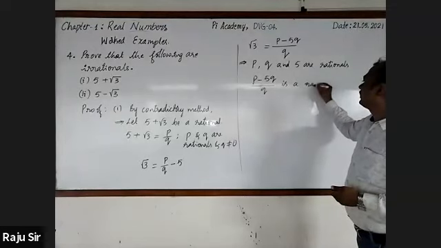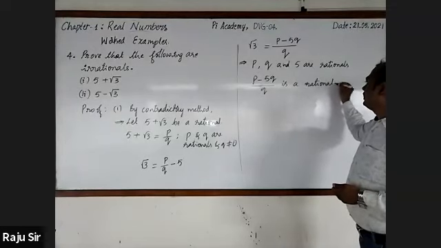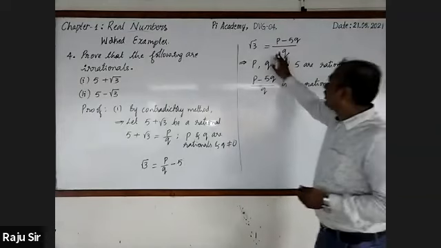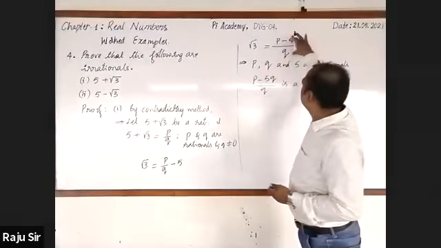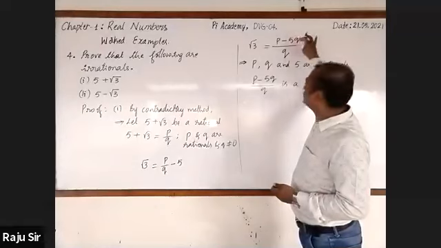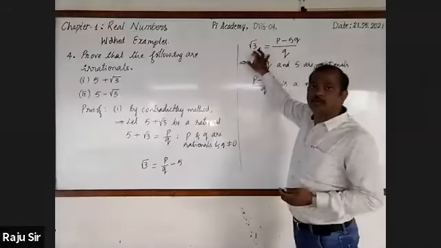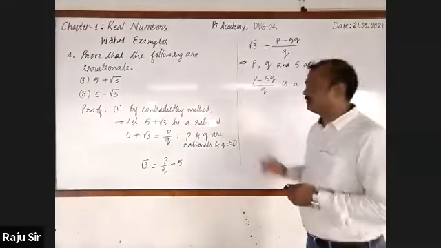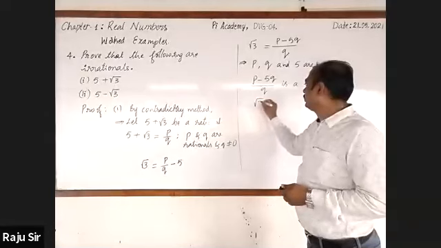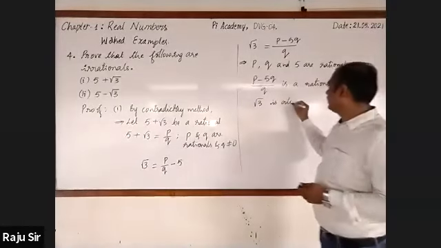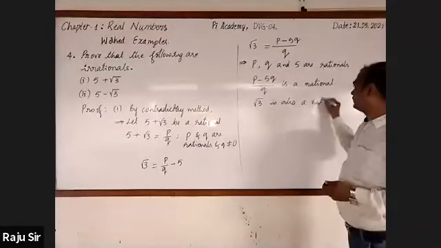And on observing this, you can come to know that this whole statement P minus 5Q by Q is equal to root 3. If it is a rational, then root 3 will also be rational. So here I'll write root 3 is also a rational.